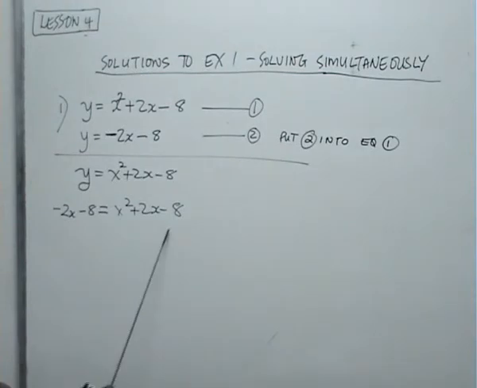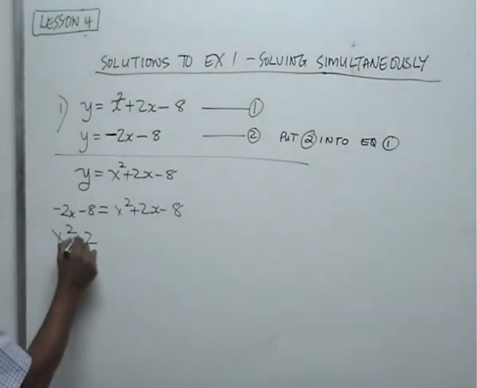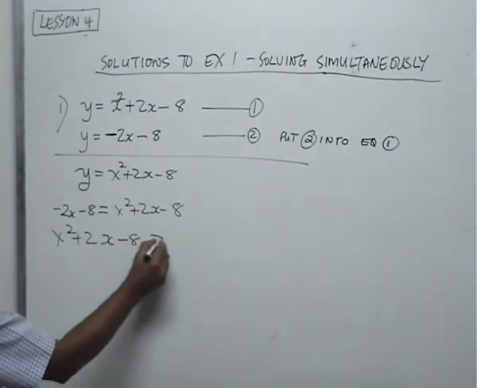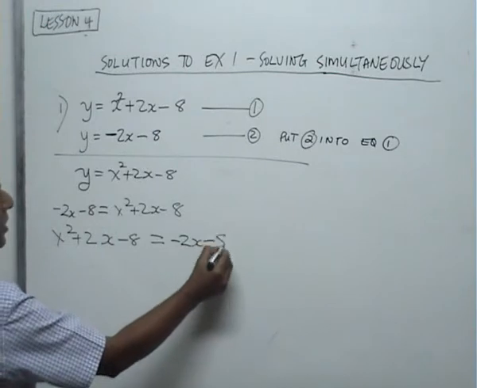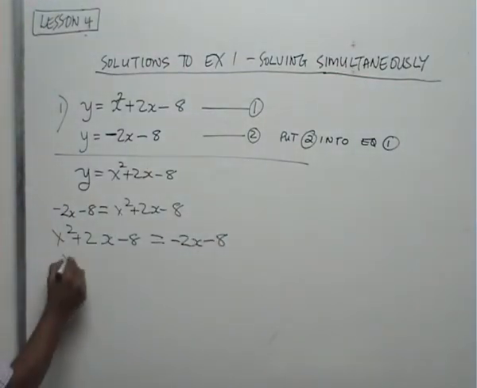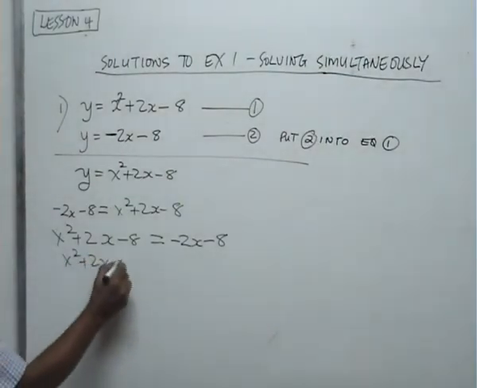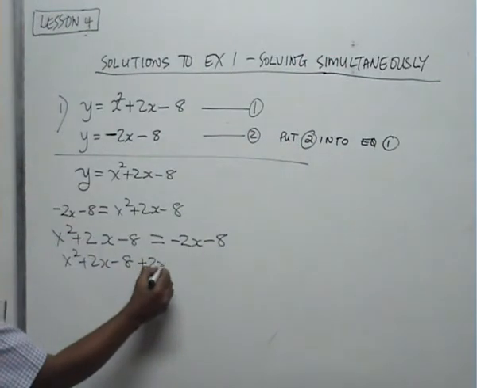Then laws of equation allows me to rewrite this whole thing on the left hand side, and I can write this whole thing on the right hand side without making any changes. So I've got x squared plus 2x minus 8. Now I bring the minus 2x onto this side.